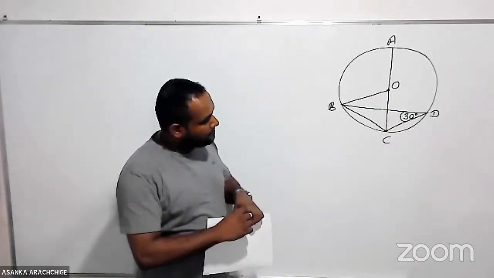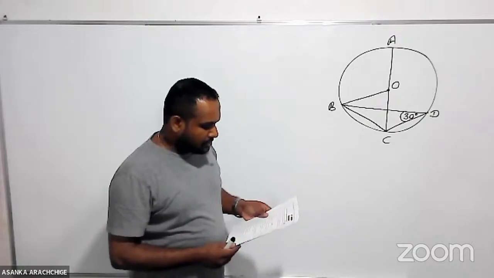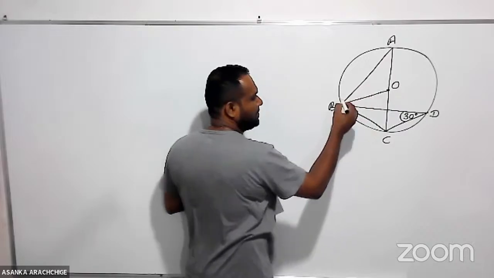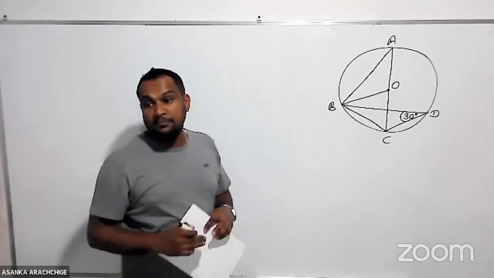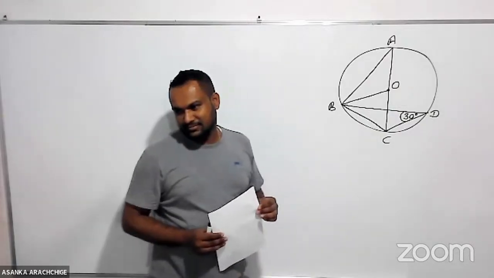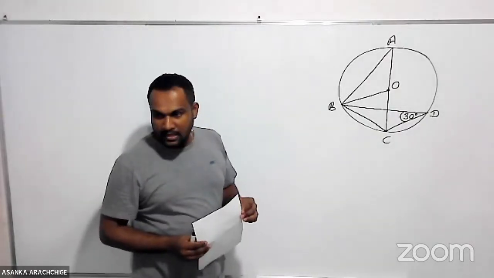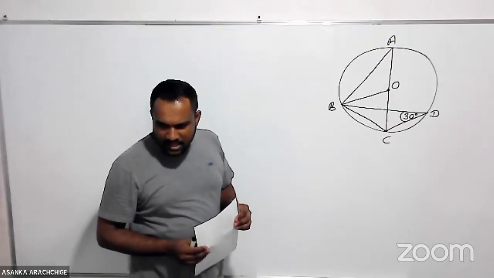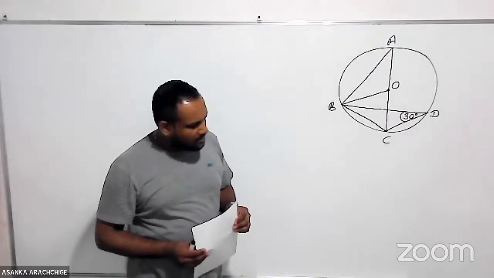Right. The first one, according to the given information, name a right angle triangle.